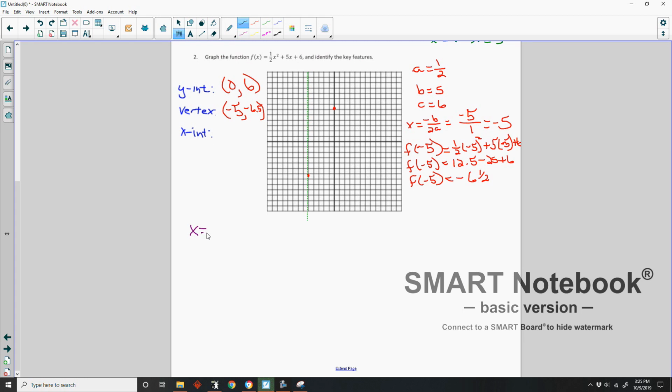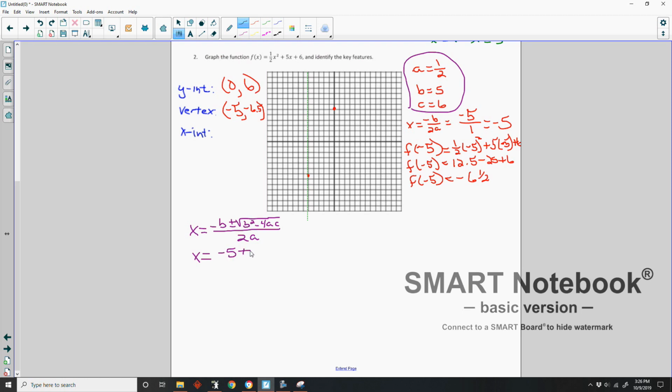So x equals negative b plus or minus the square root of b squared minus 4ac, divided by 2a. That's why I like listing my a, b's, and c's. Now I can just do substitution. Negative 5 is my negative b.